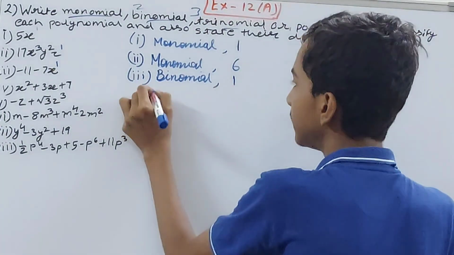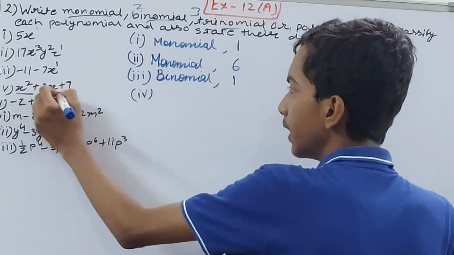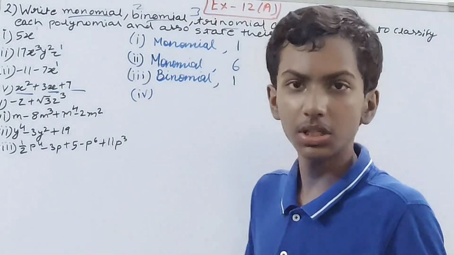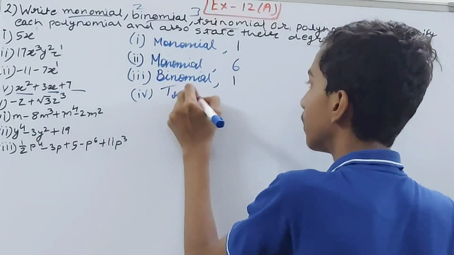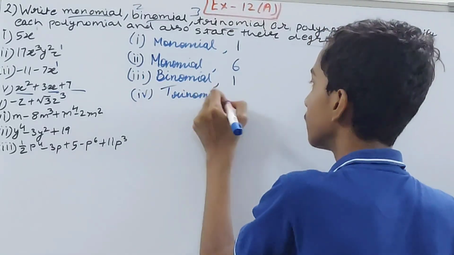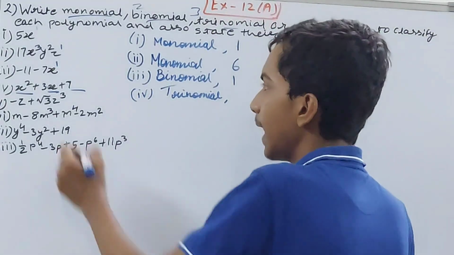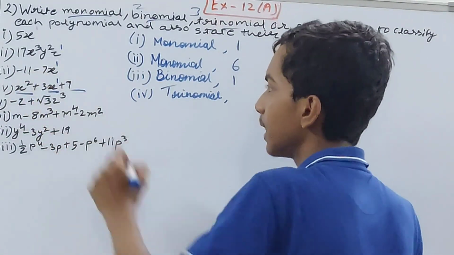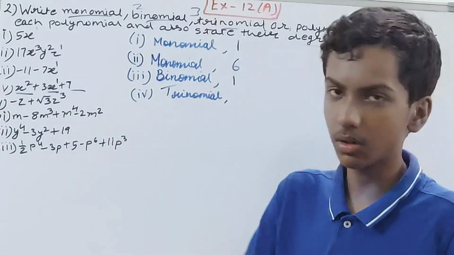Then the fourth part, x square plus 3x plus 7. 3 terms, 1, 2 and 3. This is a trinomial. Then you have to find the degree. x has square, and the x here is not having any power, so you write 1 accordingly.